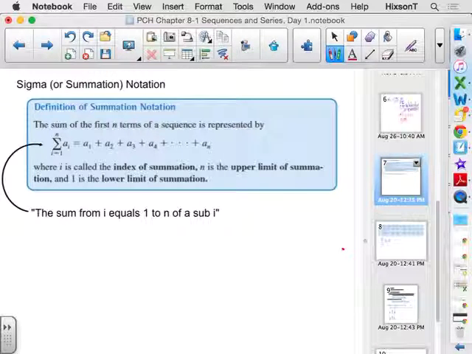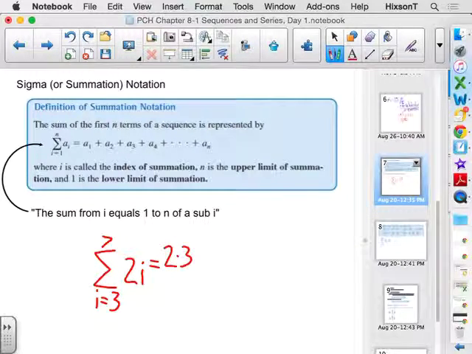Just to illustrate this, we could have the sum from I equals, let's say, I equals 3 to 7. It doesn't have to start at 1. The sum from I equals 3 to 7 of, let's go with just a simple 2i. So what we do is we'll start out doing 2 times 3.